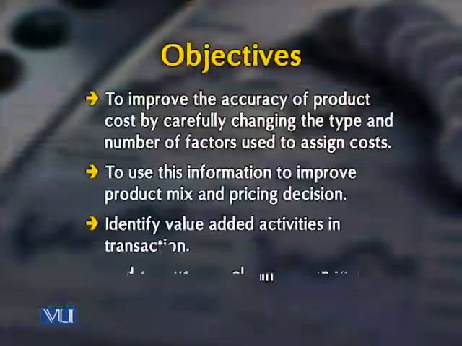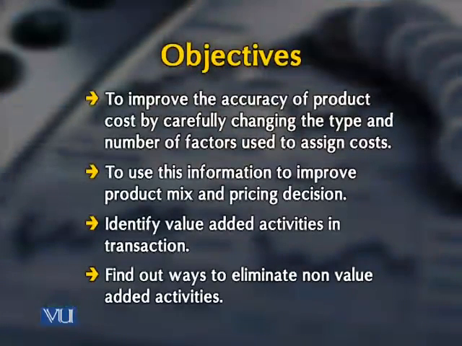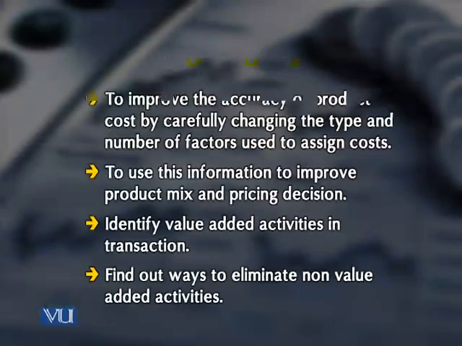Currently, we say waste is any activity which is not adding value. So we must find out, from all those activities which we have separated, which activity is value-adding and which is not. Find ways to eliminate non-value-added activities, because you are doing something but not getting any value out of it. For example, currently interfacing is a word used.